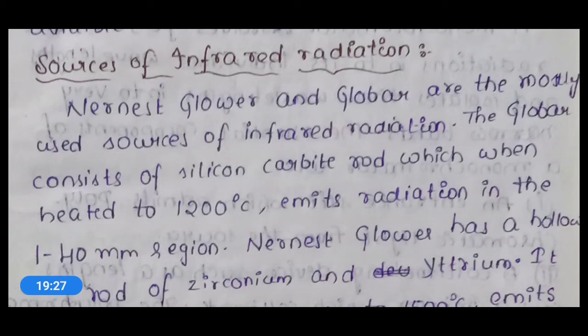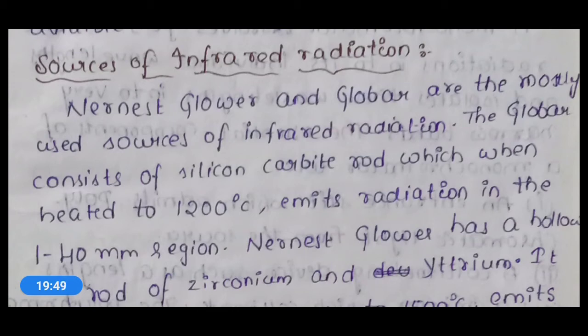These two are the best infrared radiation sources, and the Globar consists of a silicon carbide rod.